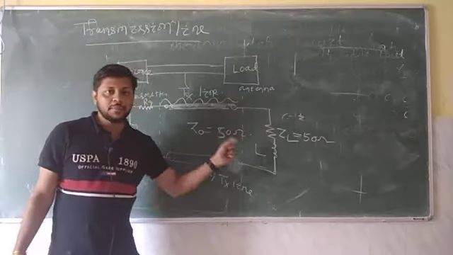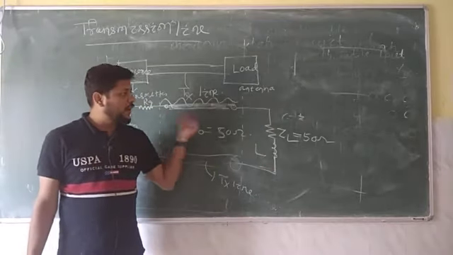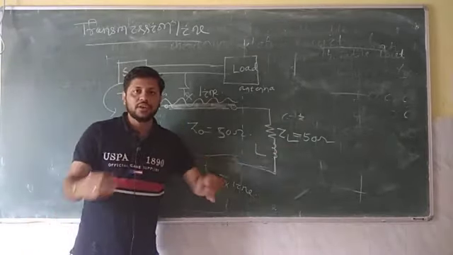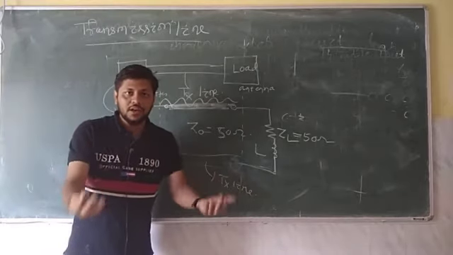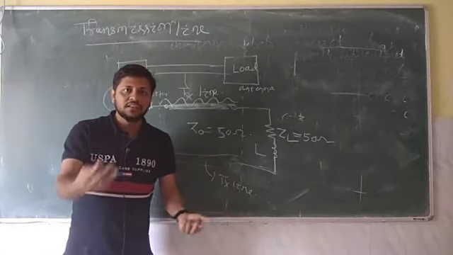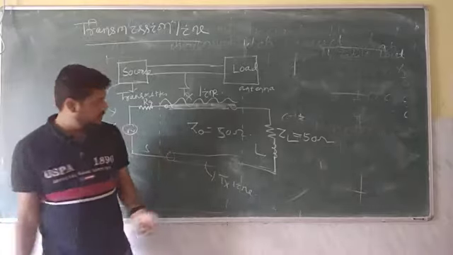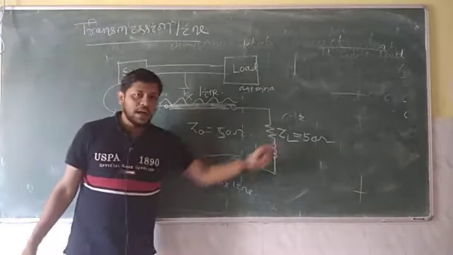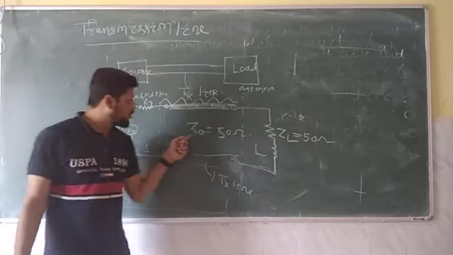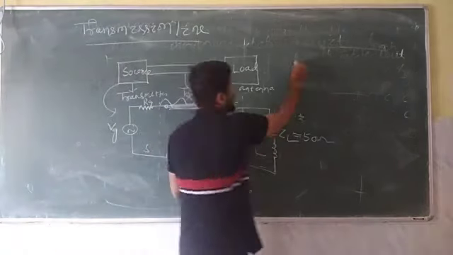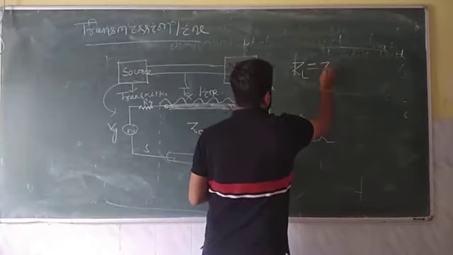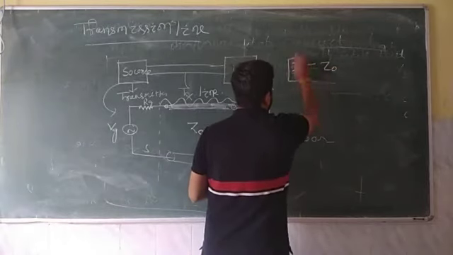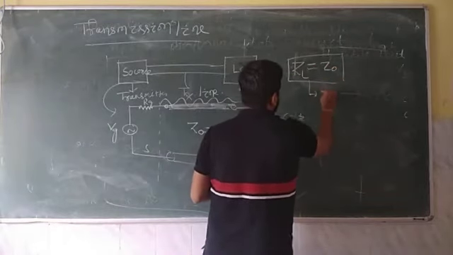Why are you delivering power? You want this power to reach the antenna, so that the antenna can convert it into electromagnetic waves, and that wave will radiate. So this wave will be completely absorbed only when ZL is equal to Z0. So ZL equal to Z0 is the impedance matching condition.